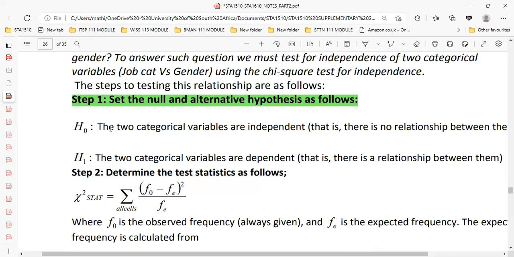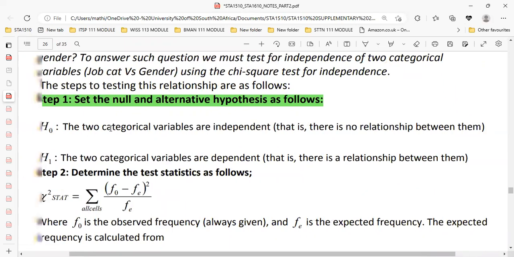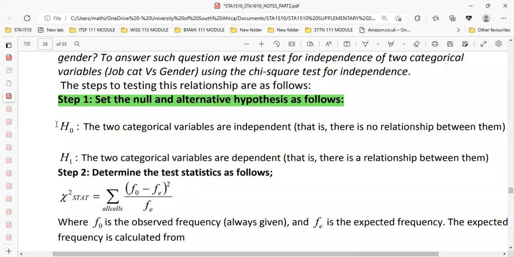You see here they say the two categorical variables are independent. When they say that, it means there's no relationship between them. Always remember this: the null hypothesis deals with variables that are independent, meaning there is no relationship between them.